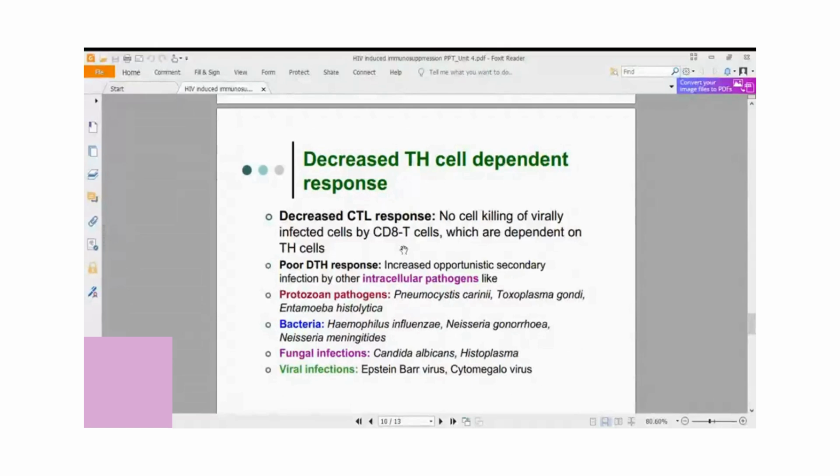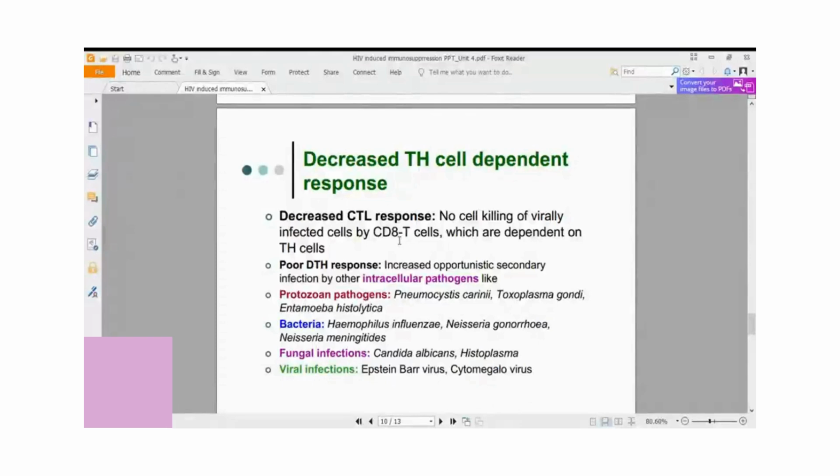That CD8 T cell will have deficiency of IL-2 and therefore it cannot proliferate. It will lose its ability of cell killing. It is also dependent on interferon gamma that is secreted by the Th1 cell, which is not happening now. Because of that, the CD8 T cell will not be able to bring about cell killing of the virally infected cell.